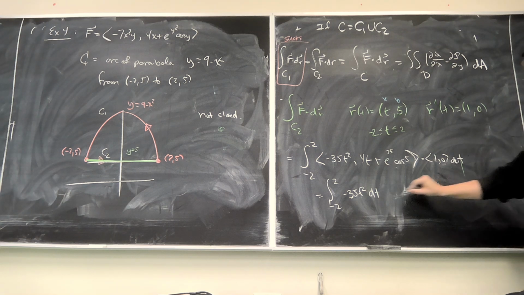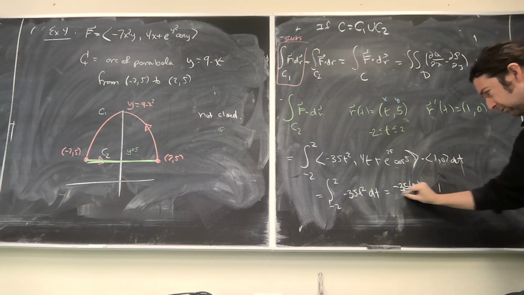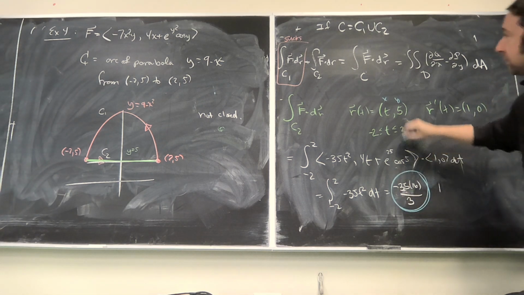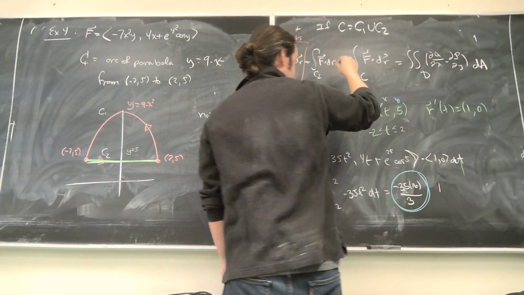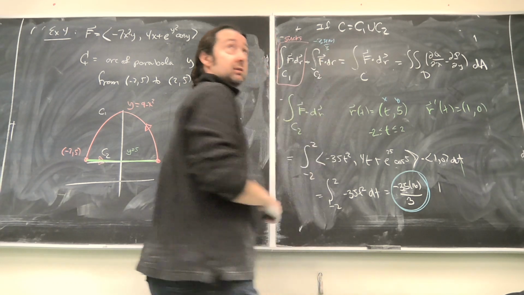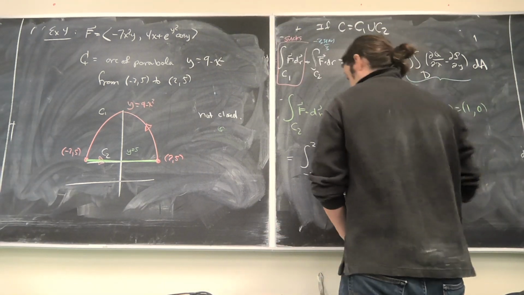I think it turns out to be something like minus 35 times 16 over 3. Just an integral of a polynomial. Okay, so we got this guy right here, which means now I know what this is. I know that this is minus 35 times 16 over 3. Hopefully, I can also compute that guy.